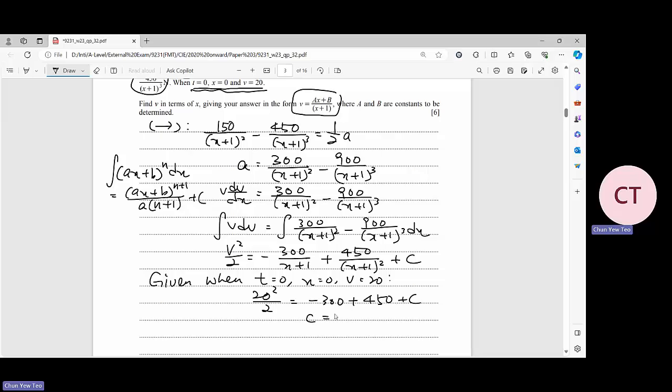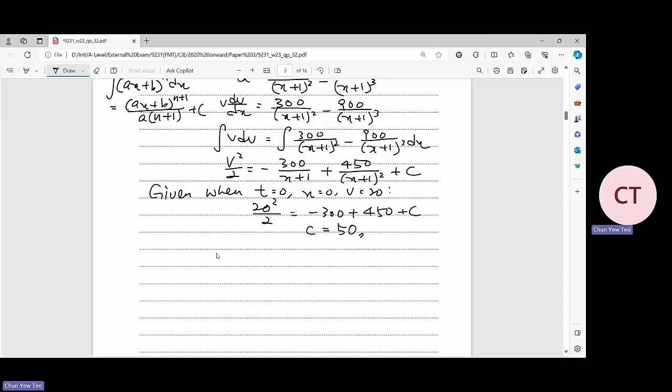So from here you can find the c. Your c will be 400 over 2, 200, minus 400 divided by 2, plus 300 minus 450. The c will be 50. Okay, so c is 50.